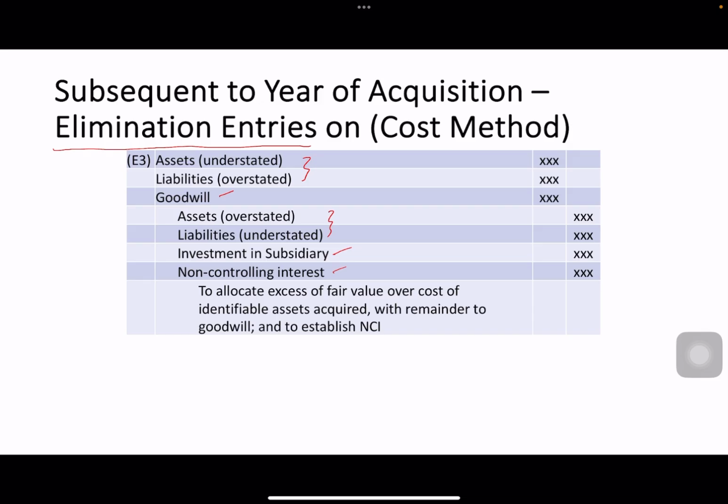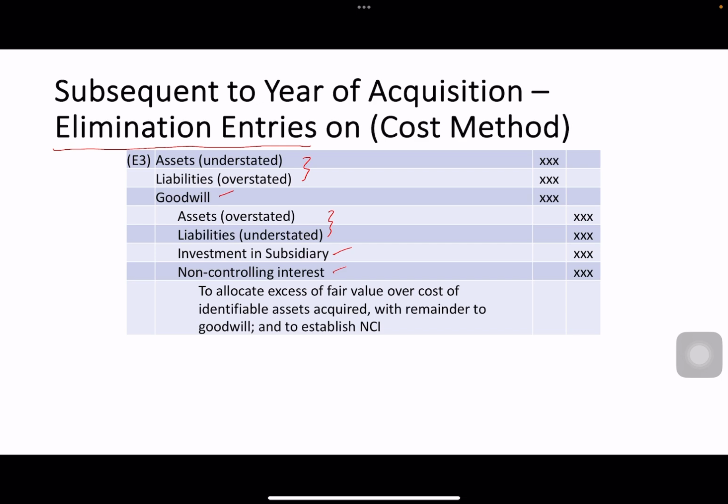Again, the eliminating entries did not affect the separate books. For instance, the subsidiary's assets and liabilities are still recorded at book value in the subsidiary's separate books.